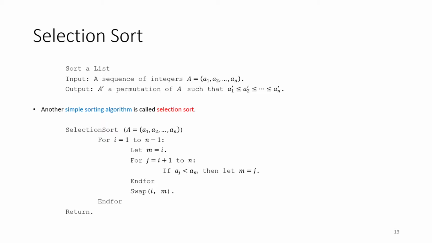So our outer loop is a loop i from 1 to n minus 1. And we saw that was common in bubble sort as well, that instead of going 1 to n, we might end up with this n minus 1. The minus 1 comes in because when we're doing comparisons, we usually need a pair. So in bubble sort, where we were just looking at one next to the other, we stopped at n minus 1 because n minus 1 would look at position n.